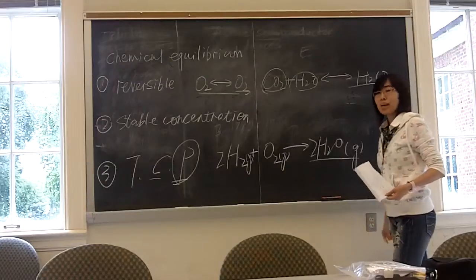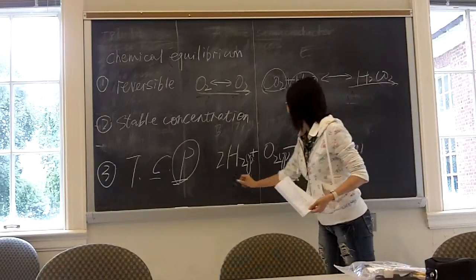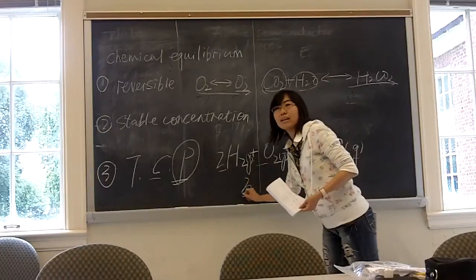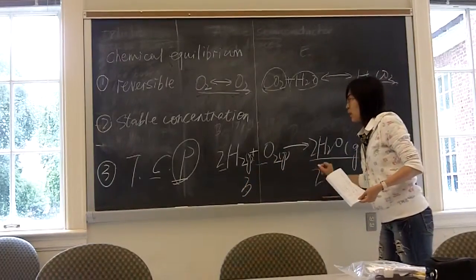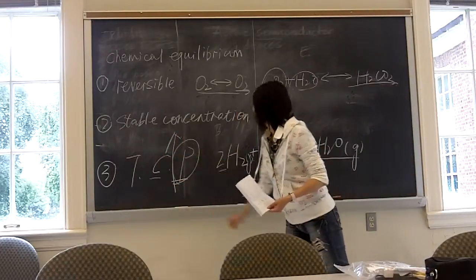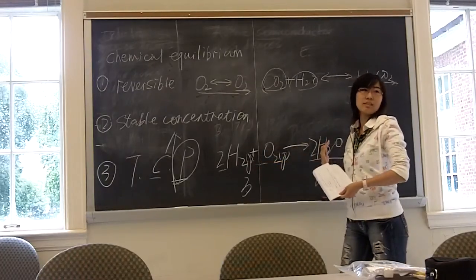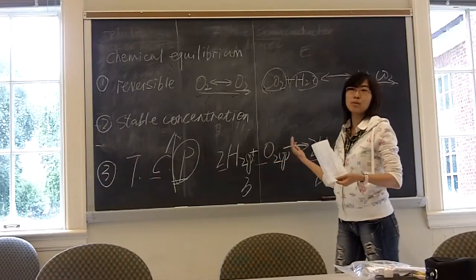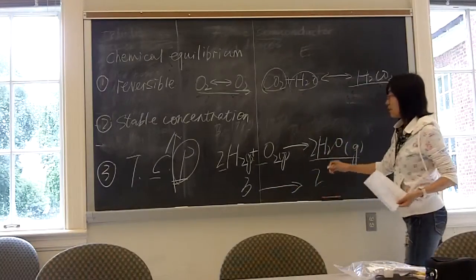Is that right? The gas volume of the reactants is 3, and of the products is 2. So if we raise the pressure, which direction will this chemical reaction move? Yes, toward the products, because the gas volume is decreased.